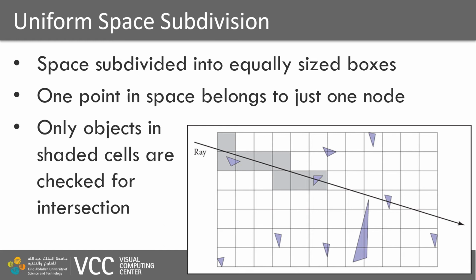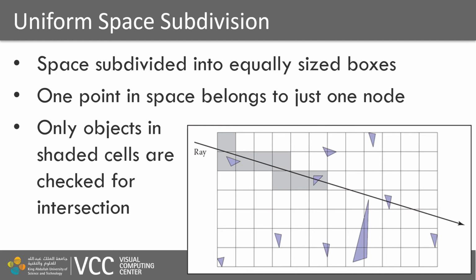But we can as well subdivide the entire scene or space. So instead of being object-centric, we can be scene-centric and have a uniform space subdivision, and just check within each of the cells of this space subdivision whether there is a certain intersection.